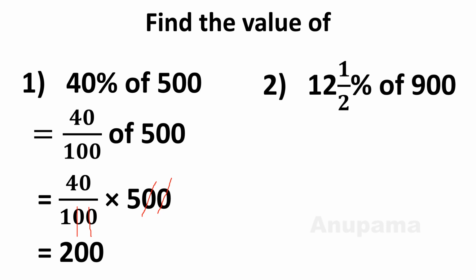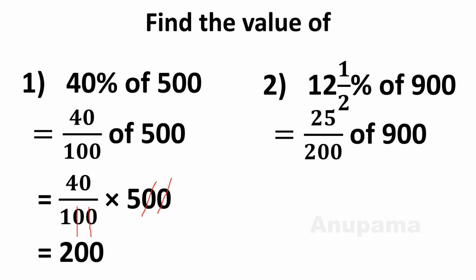Let us do one more. 12 and 1 by 2% of 900. Here is a mixed number. But do not worry. At first convert this mixed number into an improper fraction. That is 25 by 2. And because of percent, we can write it as 25 by 200 of 900.